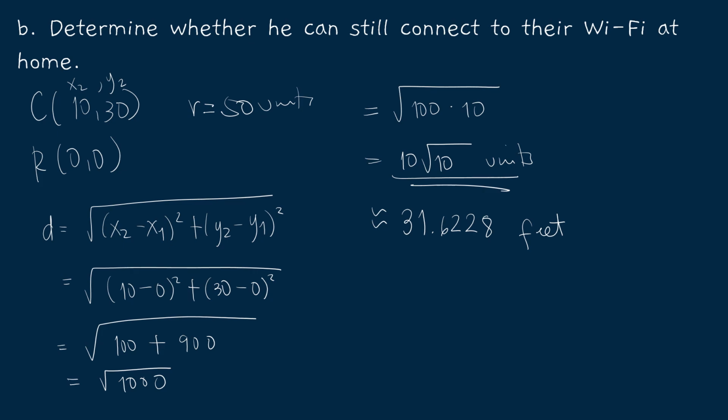Again, if you remember, the radius of the Wi-Fi signal is 50 feet, and the distance of Rowell from their house is around 31.62 feet. So it is less than the radius of the circle. Therefore, for letter B, Rowell can still connect to their Wi-Fi at home. Even though he is not at home, he can still connect.